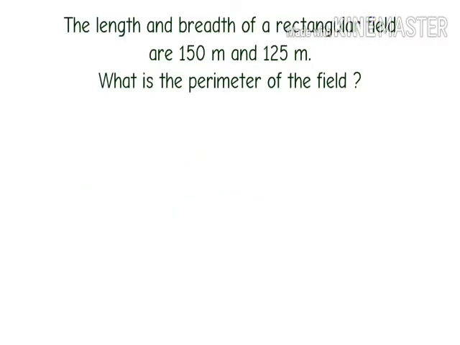The length and breadth of a rectangular field are 150 meters and 125 meters. What is the perimeter of the field?